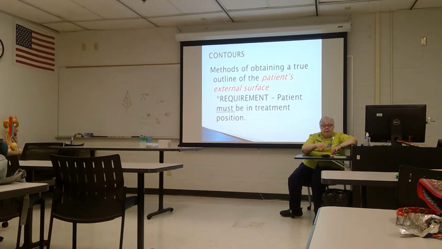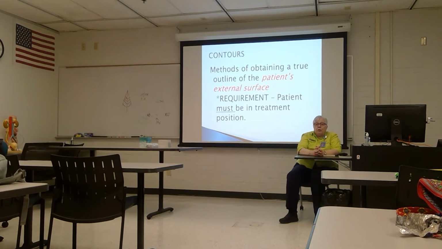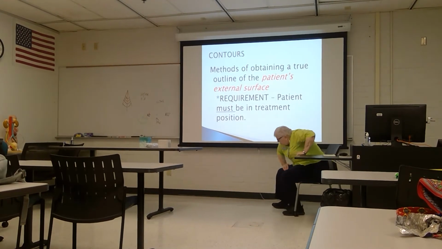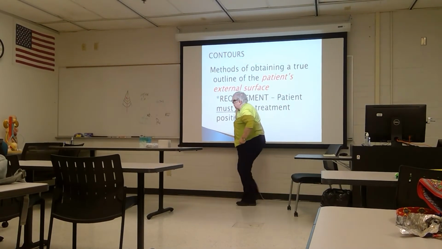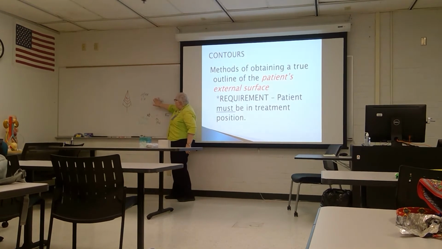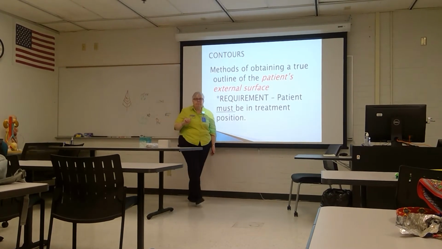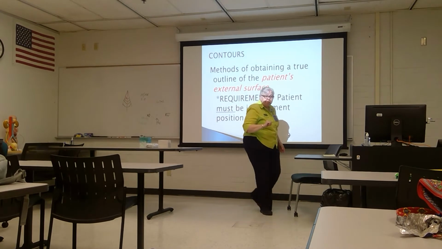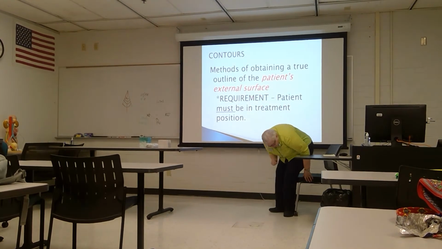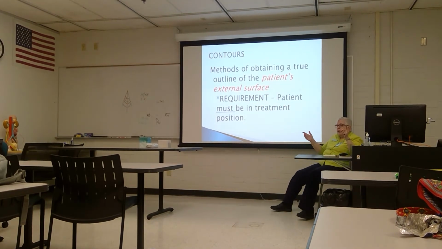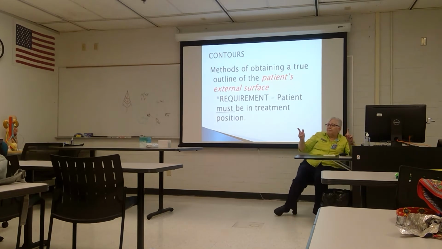So you would get a piece of graph paper, and you would put on the graph paper anterior, posterior, right and left. Then you would get this long piece of wire.